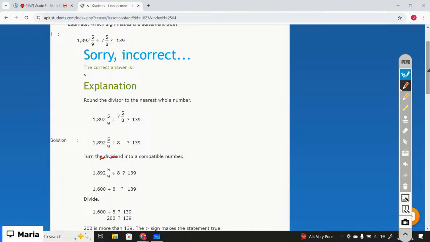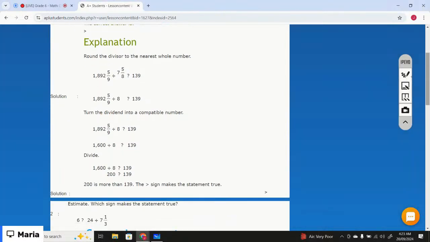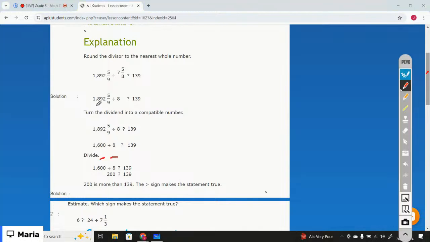So convert these numbers into compatible numbers. 1,892 is converted to 1,600 because you can divide 1,600 by 8 easily. 7 whole 5 by 8 is converted to 8 and just divide. 1,600 divided by 8 is 200, and 200 is greater than 139.